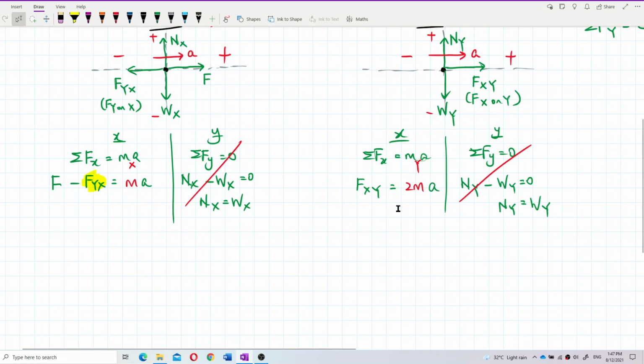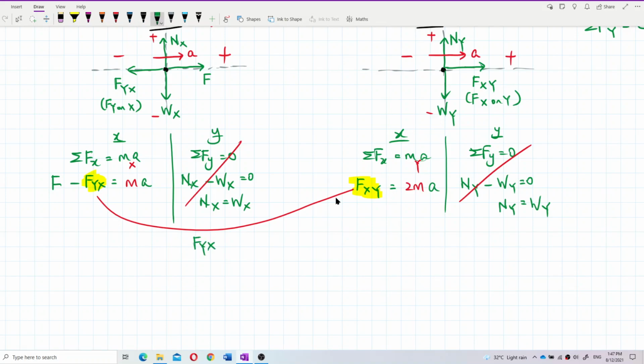We have two formulas here, and we can say these two are the same. So we can put it as though Fyx is the same as Fxy.